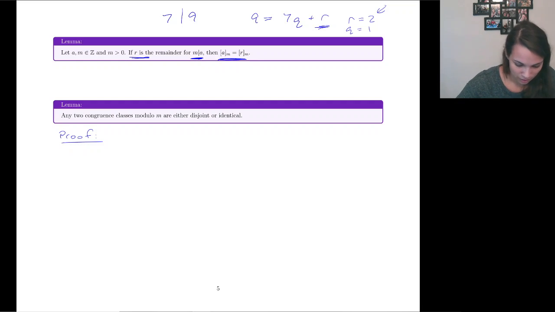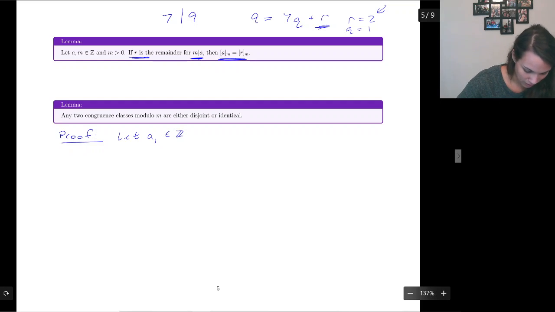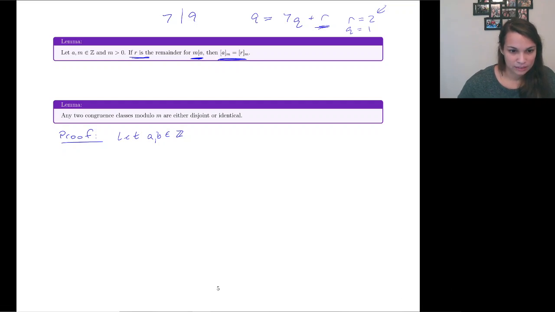We're going to assume that A and B are integers. Remember, they're either completely the same or they have nothing in common at all.